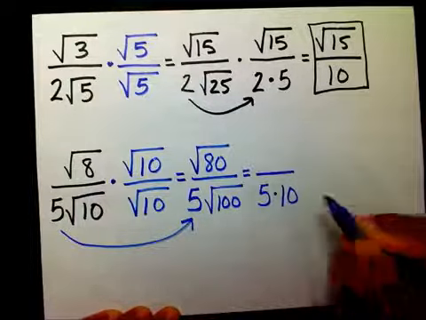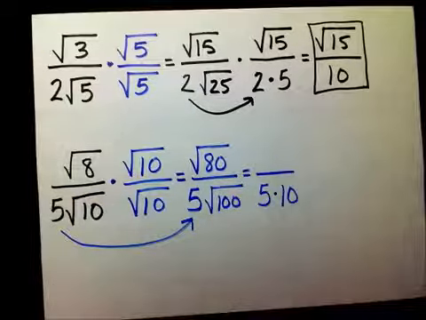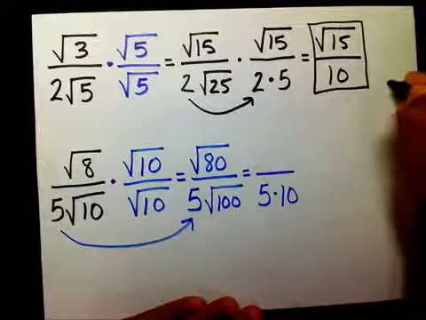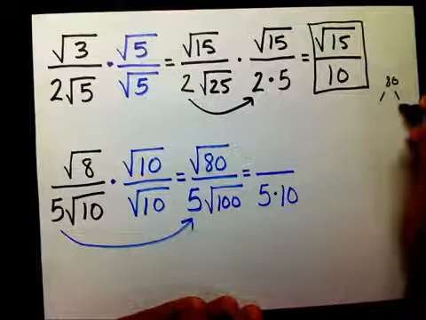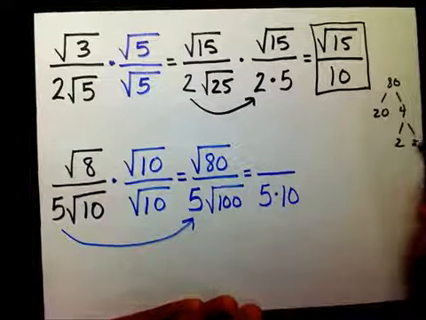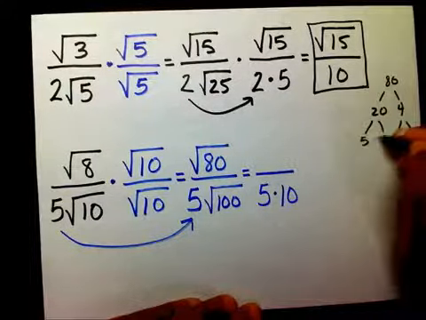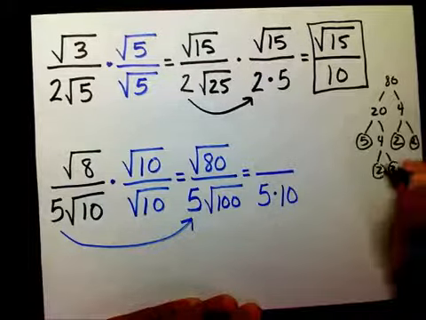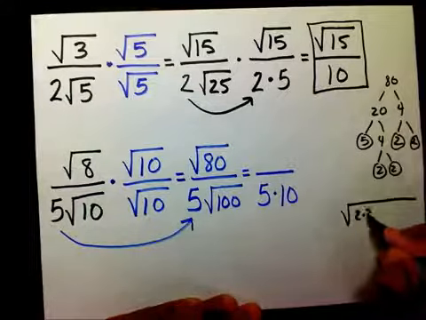But radical 80, I need to simplify radical 80. So I'm going to have to make a factor tree for 80. So let's see. Let me put it right here, 80. So I have 4 and 20. Have 2 and 2. 20 is going to break down to 5 and 4. And 4 is going to break down to 2 and 2. So underneath my radical, I'm going to have 2 times 2 times 2 times 2 times 5.